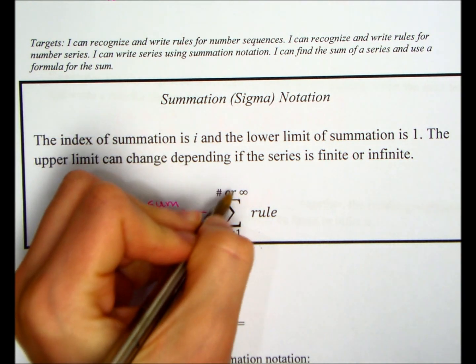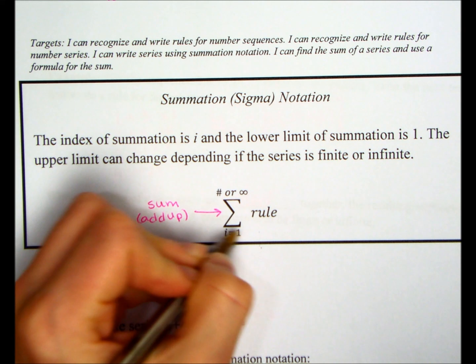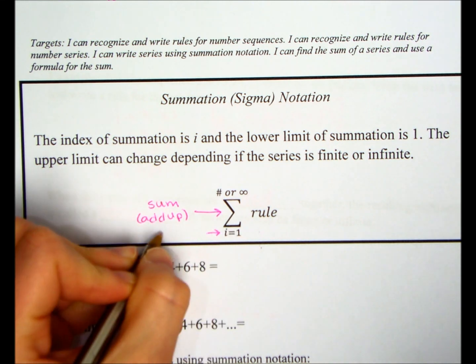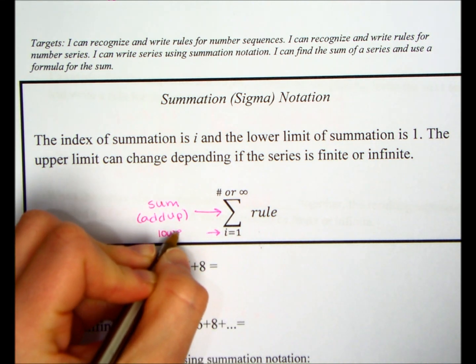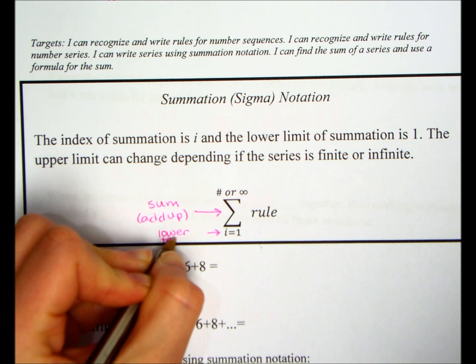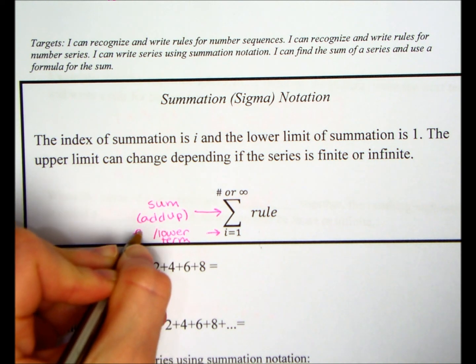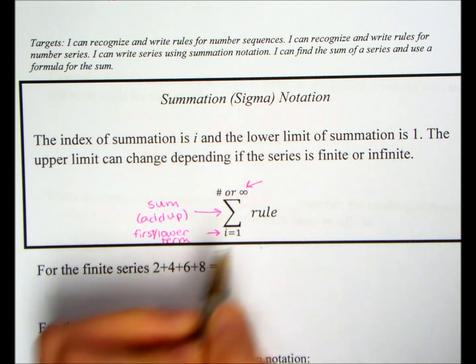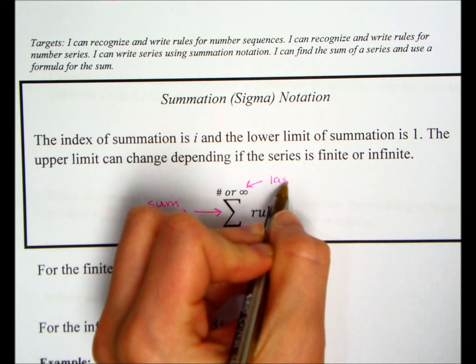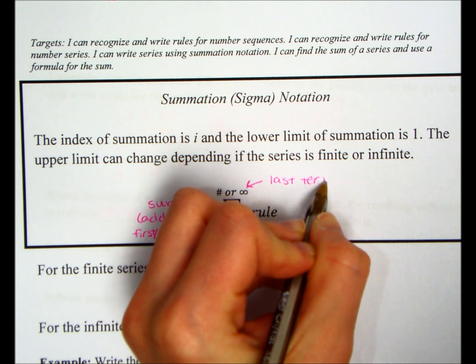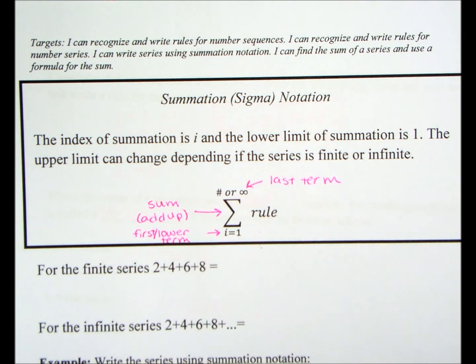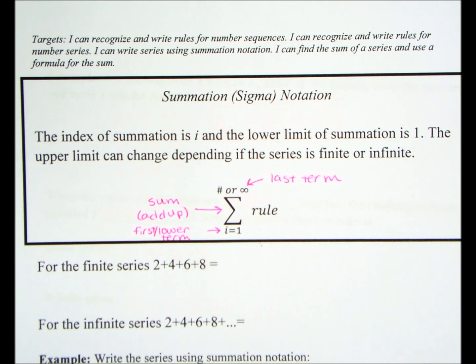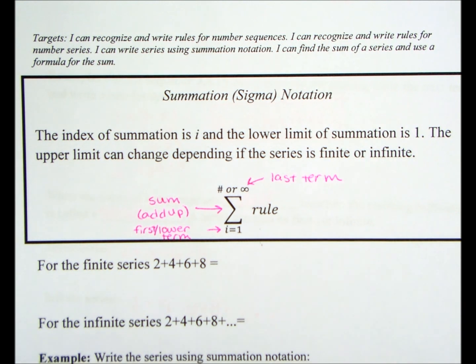And this bottom part, we'll start with the bottom first. This tells us the lower term, or the first term. We'll say first or lower term. And the top part tells us the last term, where we go up to. And like I said, so we have some rule here that we would follow, we would plug in.